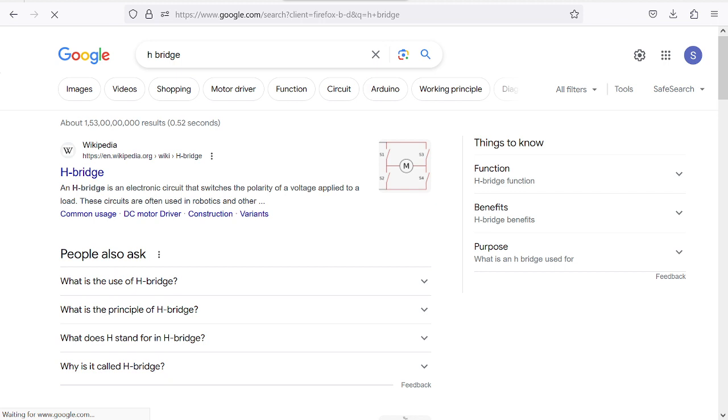If VA and VG are given, according to the H bridge formula, VA by VG is equal to 2D minus 1. We can use that formula to calculate, and that is for your switches 1 and 2.